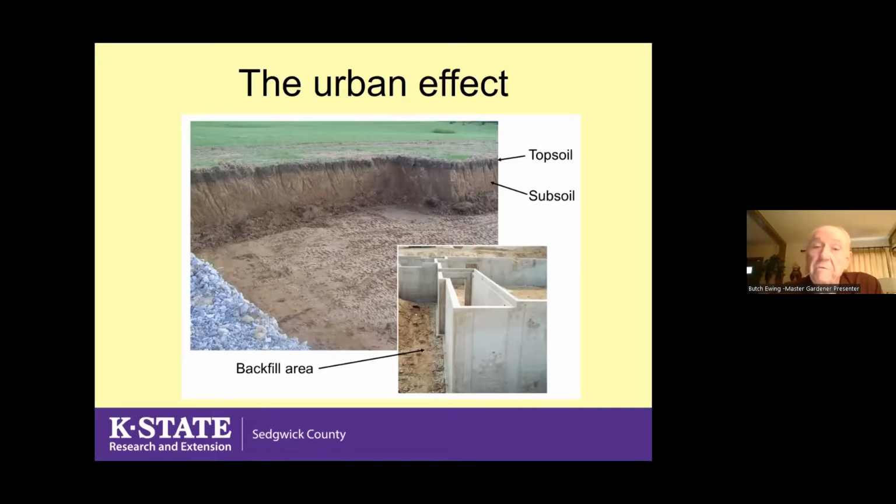Or if you want to do foundation plantings around the house, that soil, especially being up next to the foundation, could be totally different than any of the soil anywhere else on your property. So it's a good idea to be aware of that, just so that you can be looking for that kind of a difference.